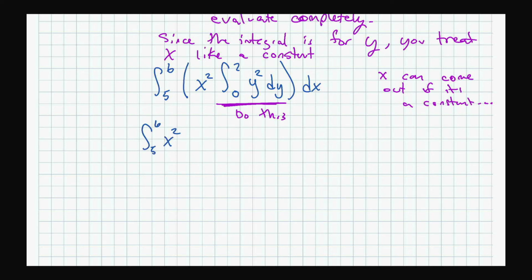I've got that x squared. And then how do you do this integral here, right? This is a very simple integral. It's actually the integral of y squared dy. So that's y to the 3 over 3. And then the limits of integration are 0 and 2. And then you've got this dx here on the end.